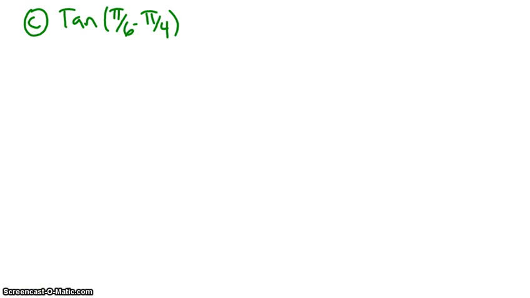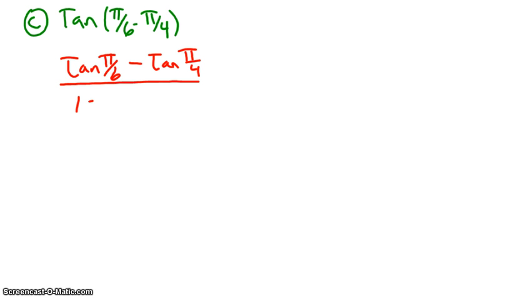Looking for part C, where they want us to do the tangent, we're going to use its process, and that would be the tangent of u, or the tangent of the first, and we're going to subtract from that the tangent of the second, and that is all over 1 minus the tangent of the first times the tangent of the second.